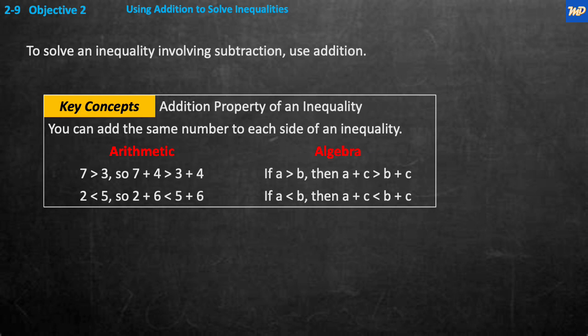If 6 is greater than 5, then 6 plus a number, 4 for instance, is greater than 5 plus 4. And it's true. Arithmetically, 7 is greater than 3, so 7 plus 4 is greater than 3 plus 4. How about 2 is less than 5? So 2 plus 6 is less than 5 plus 6. All those are true statements.